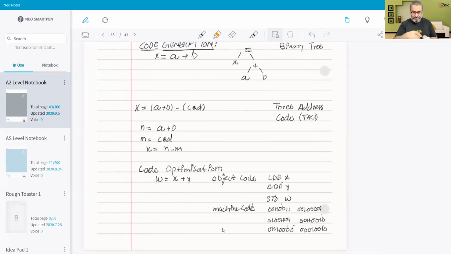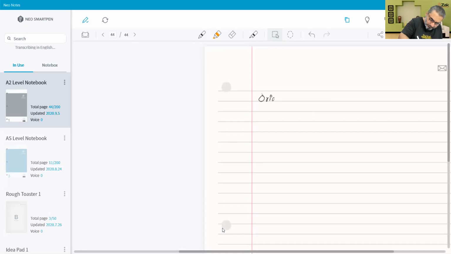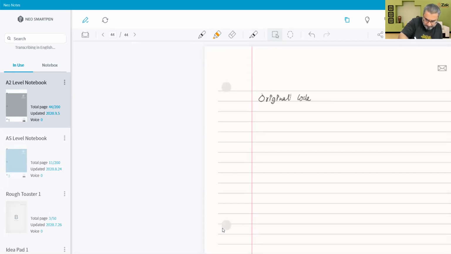Let's say we have this original code, this is the source code: W is equal to X plus Y, and then V is equal to X plus Y plus Z.